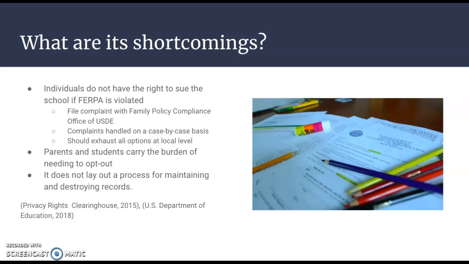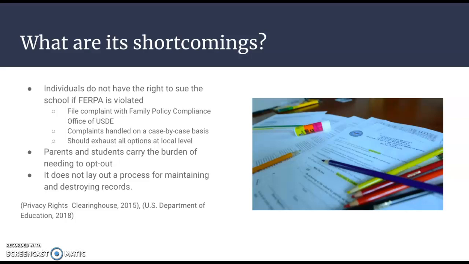Another shortcoming is that the parents and students will carry the burden of needing to opt out. So if the parent misses the letter that goes home or an email telling them that they have that option to opt out, then their student would continue to take part in either the military recruitment or the directory information going home.